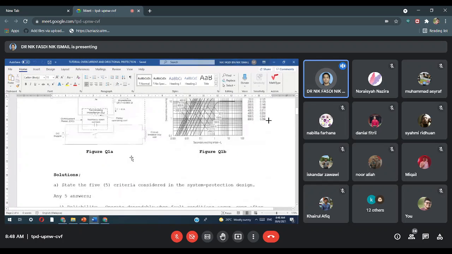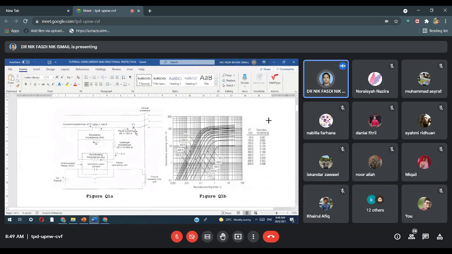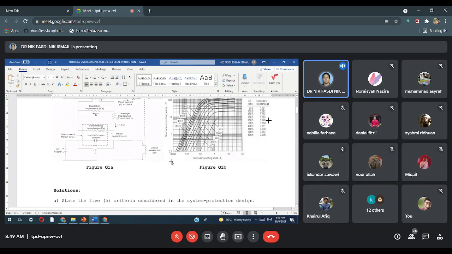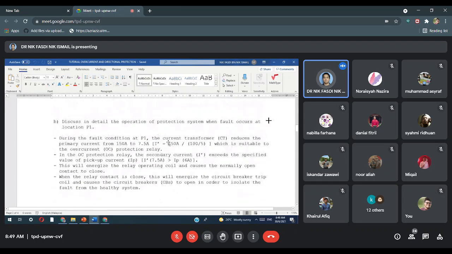When the fault is 150 amps here, the 150 amps will be stepped down by the current transformer, calculated by referring to the CT ratio. So the fault of 150 amps divided by the CT ratio gives 7.5 amp. This is the stepped down current, the secondary current I', 7.5 amp, which is suitable for the overcurrent protection relay.